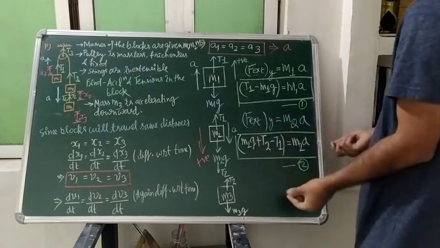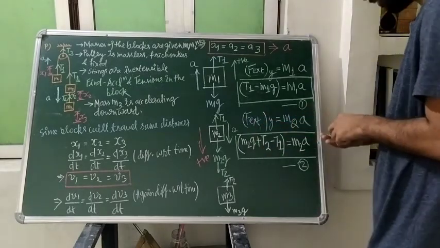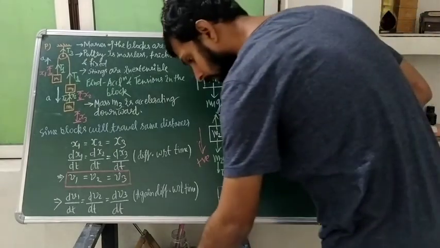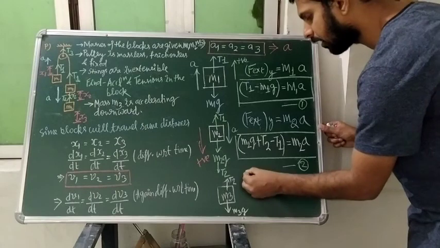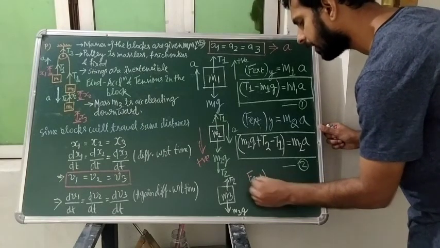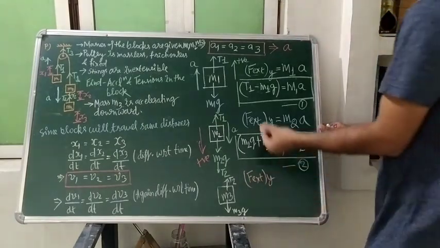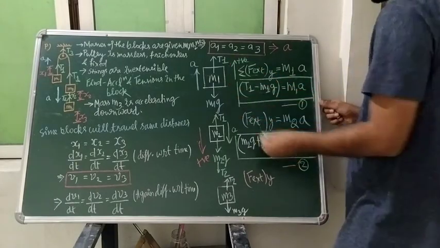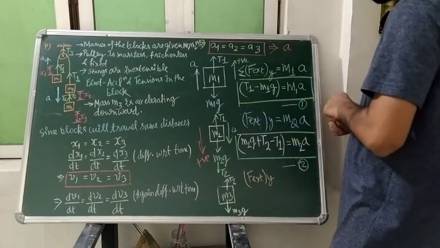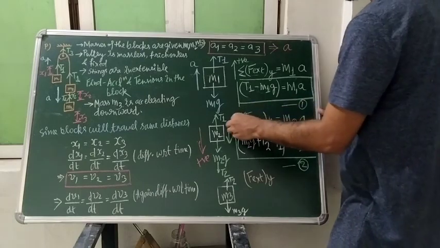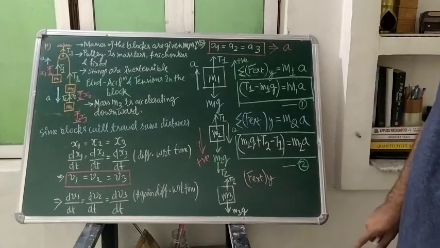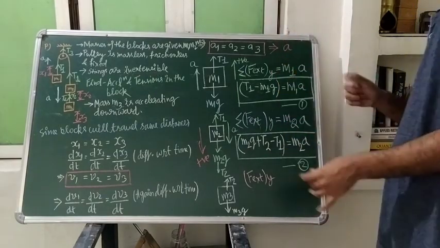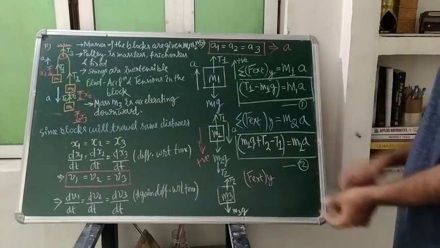Of course, forces are acting only in the y direction, no forces are in the x direction. So we will say the sum of external forces in the y direction, the vector sum of all the forces in any particular direction, should be equal to what? Mass times the acceleration of the body.